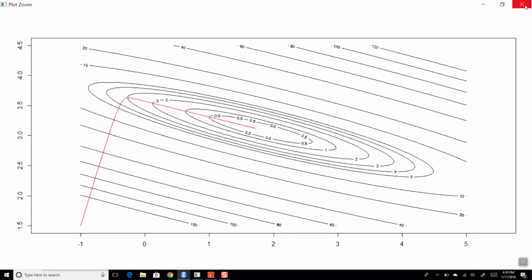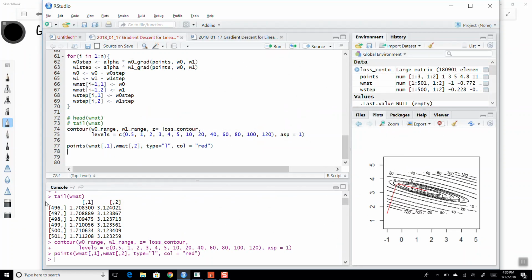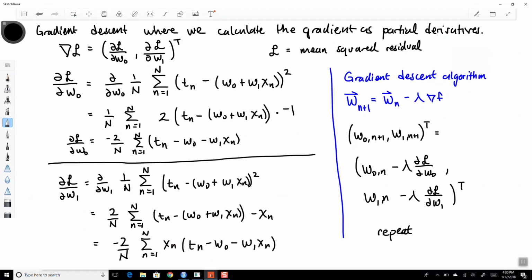That's gradient descent. Let me show you the same thing in matrix notation. I think the matrix notation solution is more elegant, but maybe we disagree.